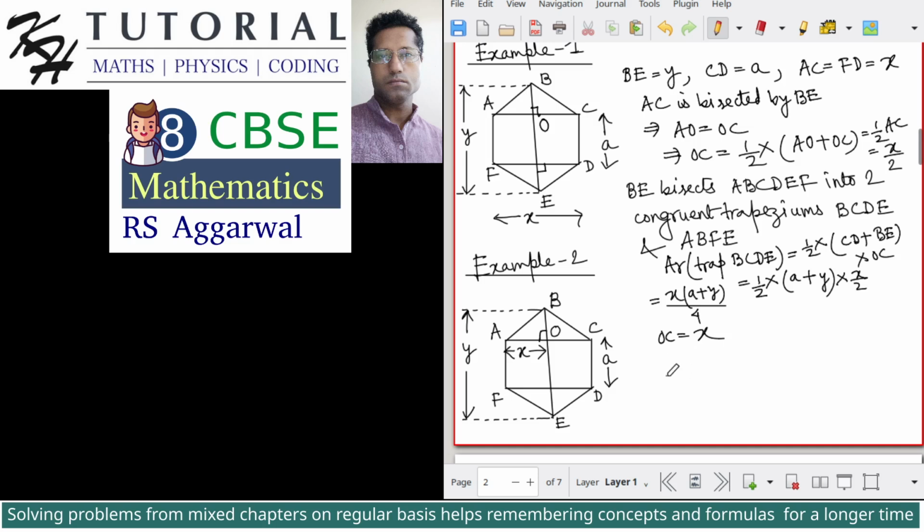In the same way as we did in example 1, the area will be the same, but since this time OC is equal to x, whereas in the previous example OC came out to be x by 2 based on the given dimension.